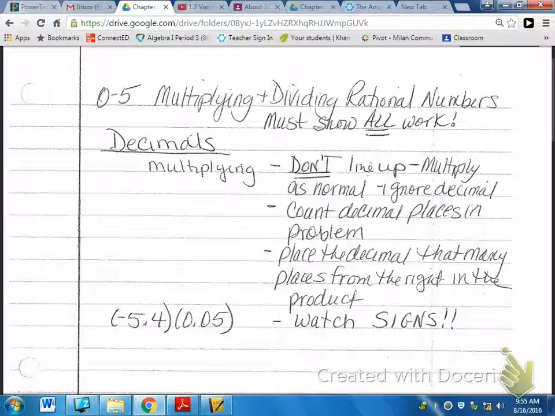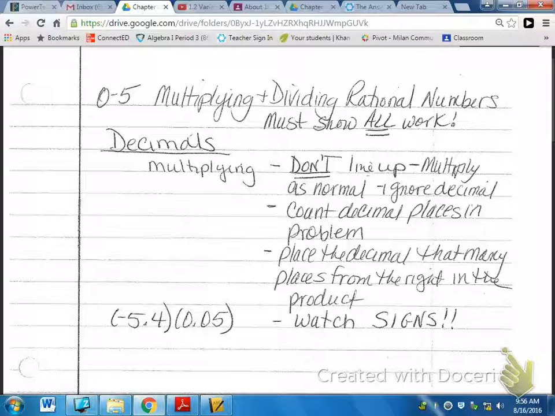So first, decimals. When you are multiplying decimals, you do not line up the decimal like you do with addition and subtraction. You just put the numbers there. You actually kind of ignore that there's even a decimal in the numbers. You multiply them as if they were whole numbers.